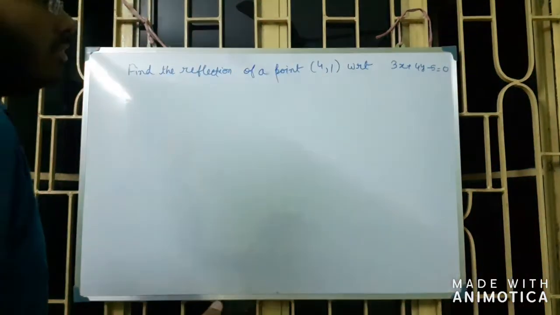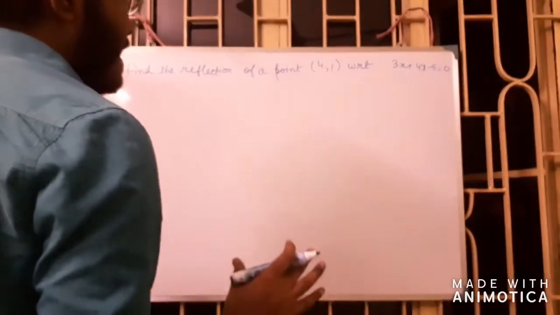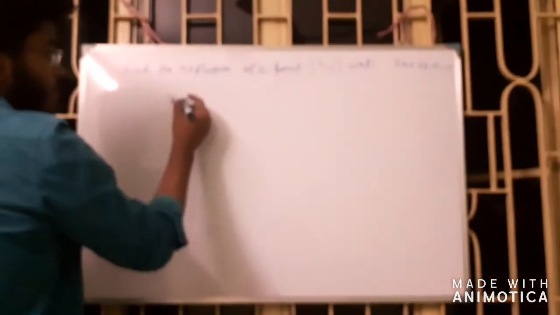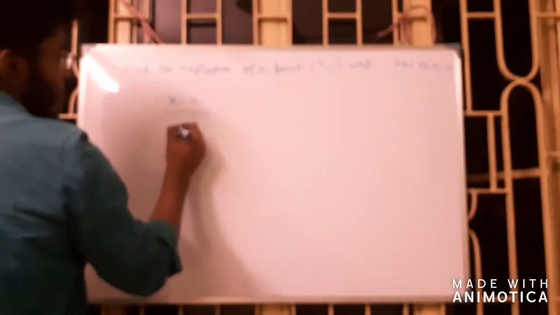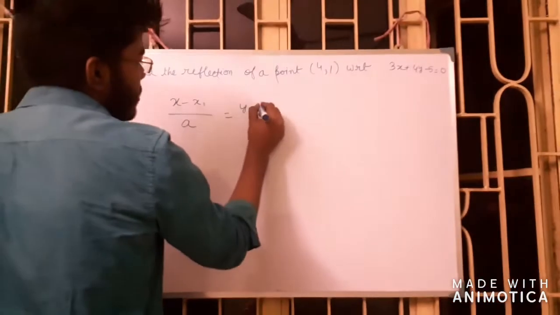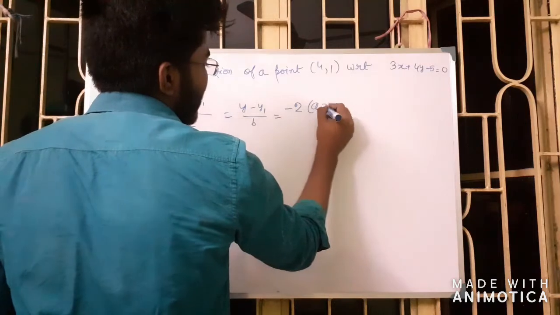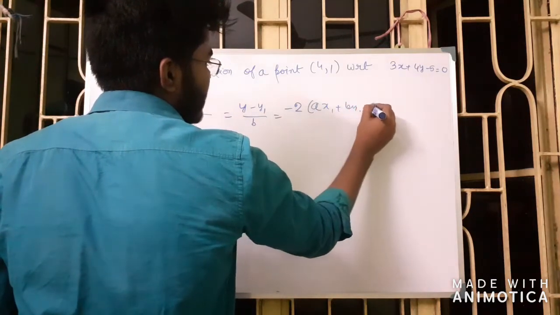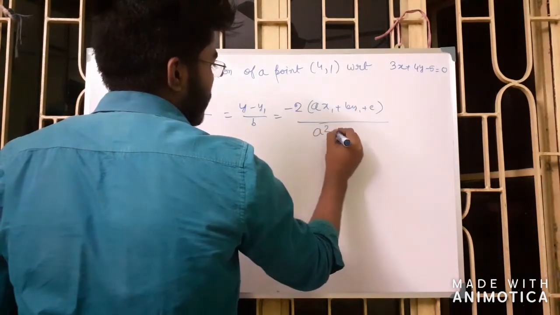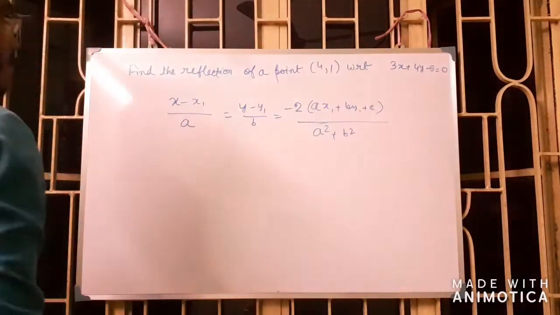Please look at the formula. What is the reflection of a point? (x minus x1) upon a equals (y minus y1) upon b equals minus 2 times (ax1 + by1 + c) upon a square plus b square. Just put the values.